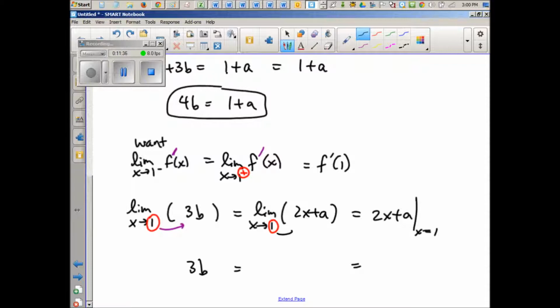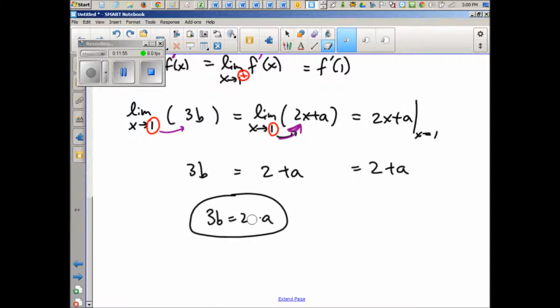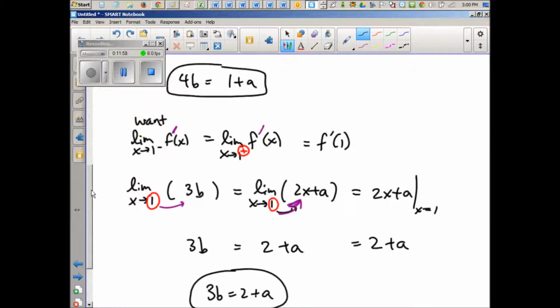And here, there is a place to plug in the x, so we get 2 plus a. There's that redundancy. And we learned that 3b is 2 plus a. This comes from forcing differentiability, forcing a smooth situation.